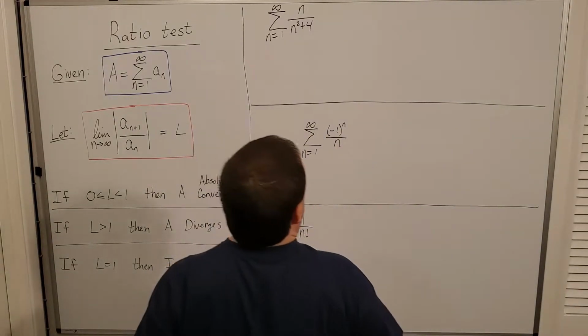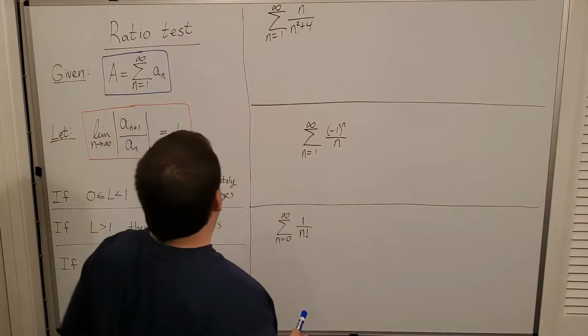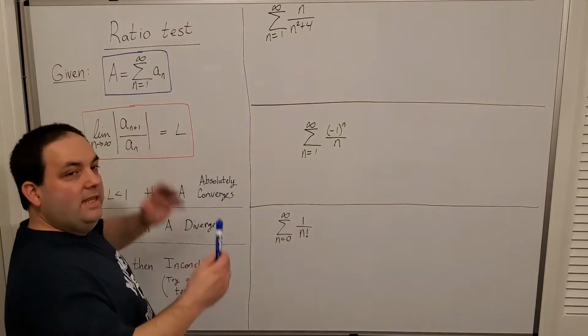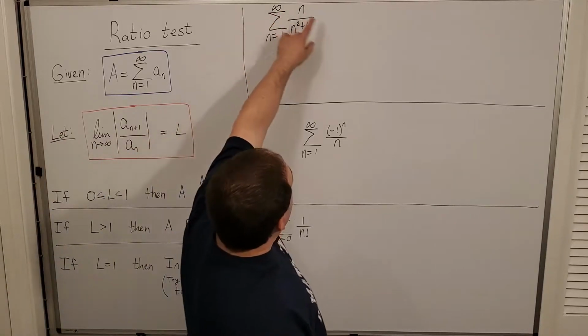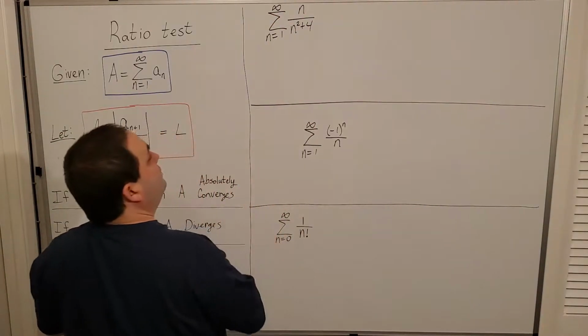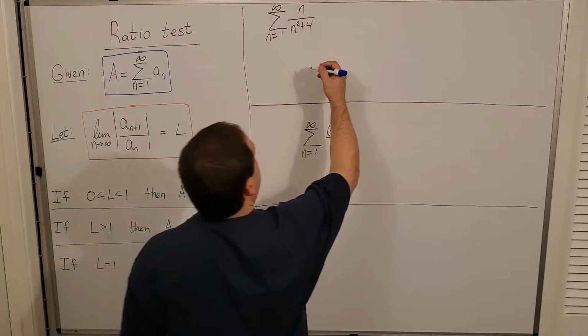With the ratio test, all I'm going to do is set up this limit. That's it. That's what I have to do. I'm going to take the sequence n over n squared plus 4, and I'm going to set it up.